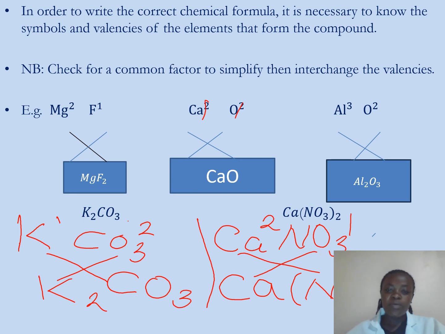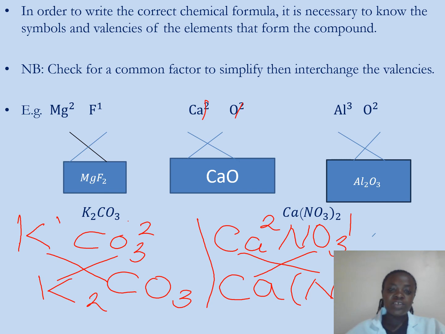We first check for a common factor in the valences. If there's no common factor, we just interchange the valences. But if there's a common factor, we simplify by dividing by the common factor.